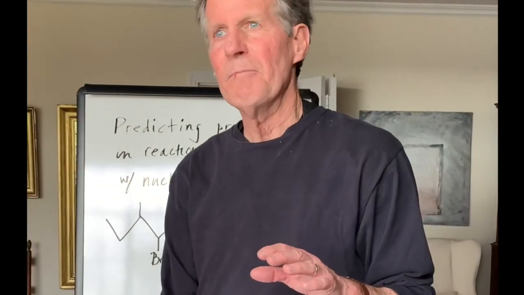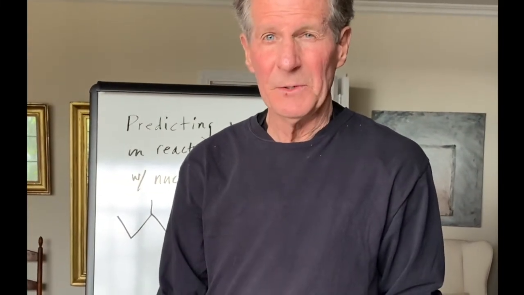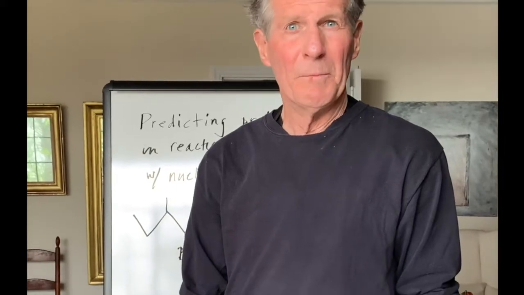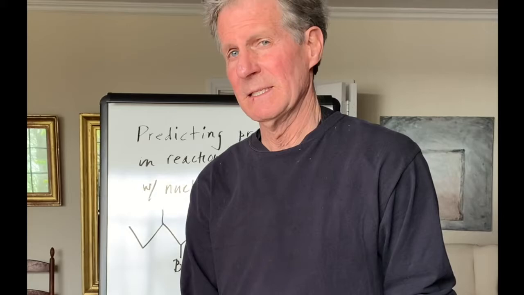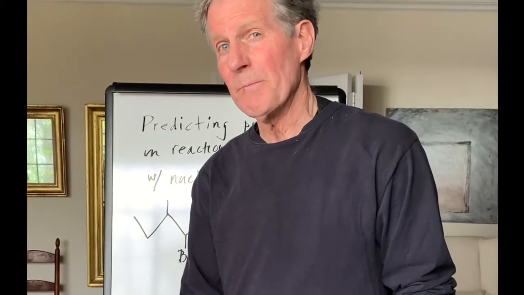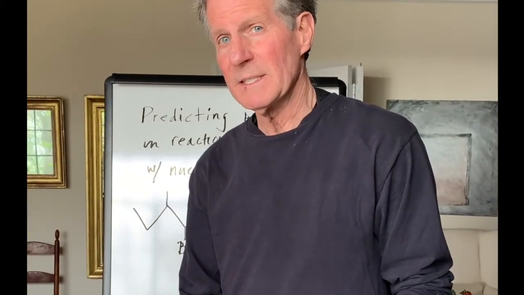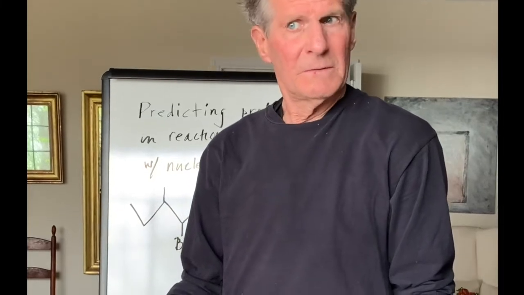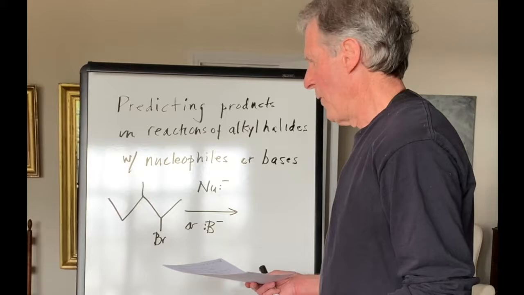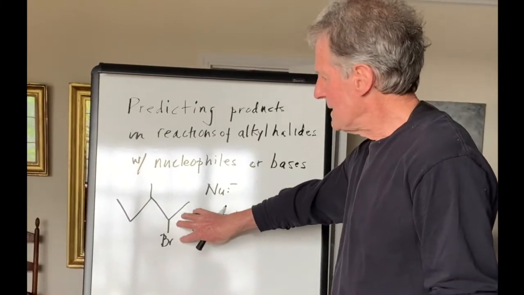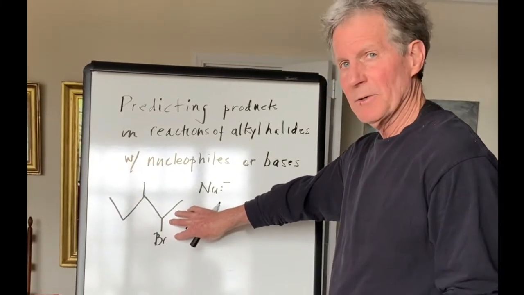The question of mechanisms, again, this is kind of new to you. This chapter is the first time that we start talking about the mechanism, that is the step-by-step process of a chemical reaction, that we start to look at these and characterize them. Now, the mechanism of what happens largely depends upon the organic molecule.